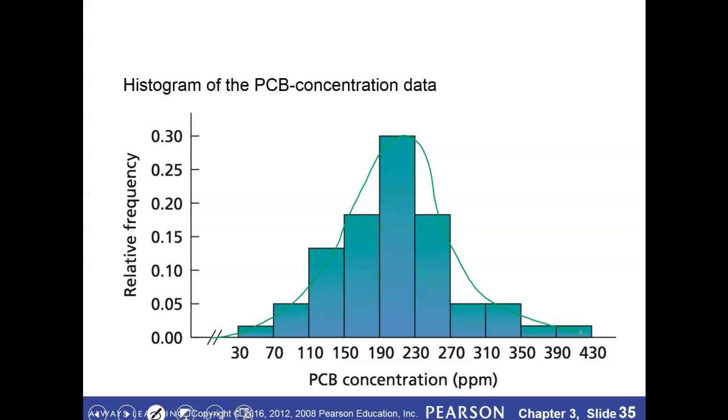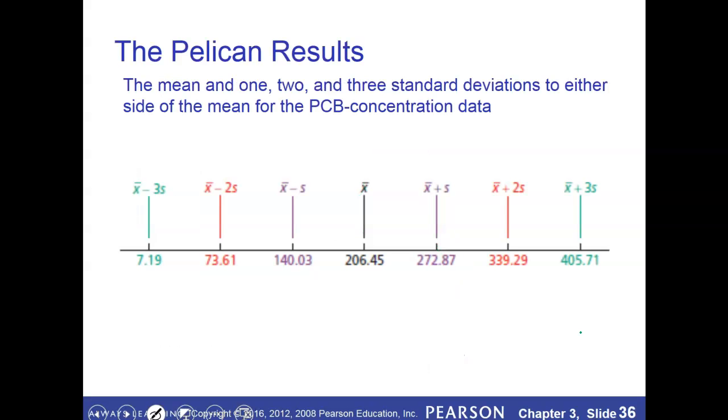But in order to do that, we'd first have to find the mean and the standard deviation. So if we do that on our calculator, we would get that the mean is 206.45 and the standard deviation is 66.42. So if I add 66.42, I get one standard deviation above the mean.